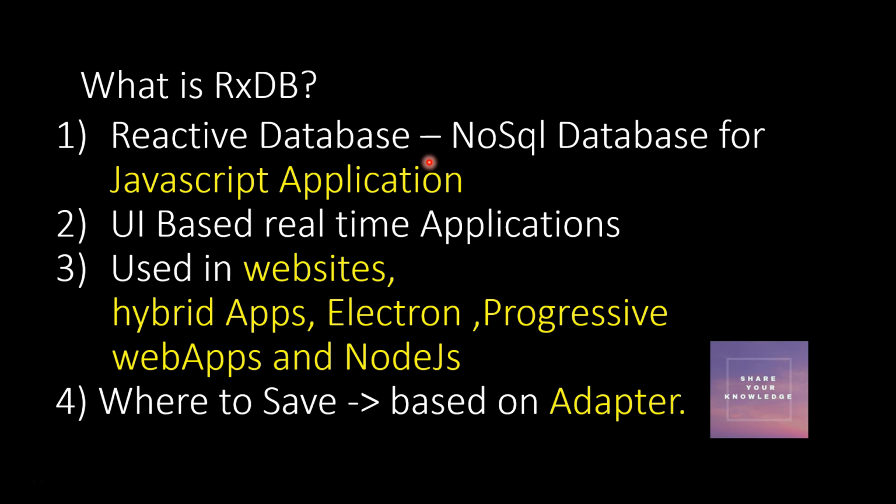For a query, you can get the observable and subscribe to it. Whenever something changes, some data gets added, deleted or updated, you will get an event from RxDB. That's why it is called reactive.